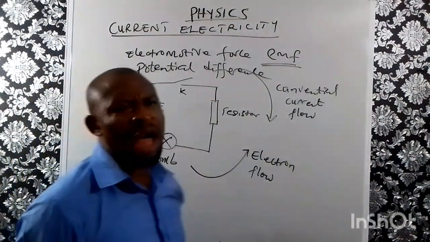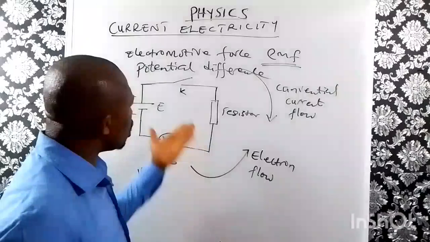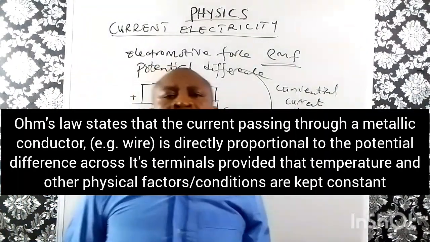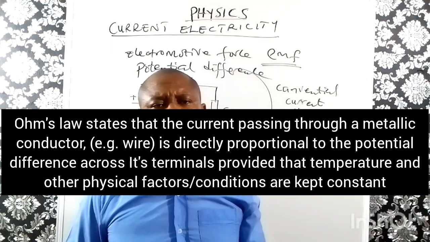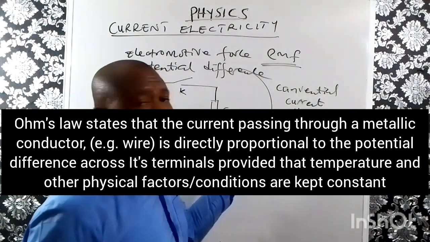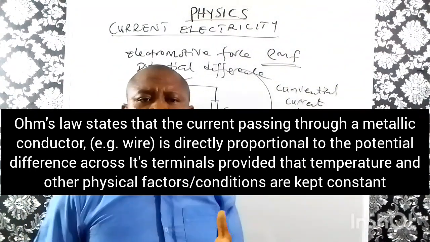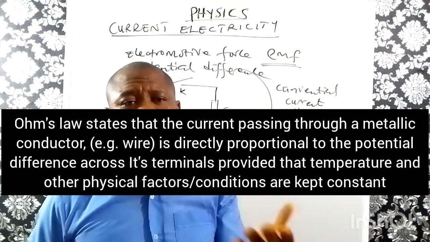Okay. Now, let us look at Ohm's law. Ohm's law says that current passing through a metallic conductor is directly proportional to the PD across its terminal, provided that temperature and other physical factors are kept constant.